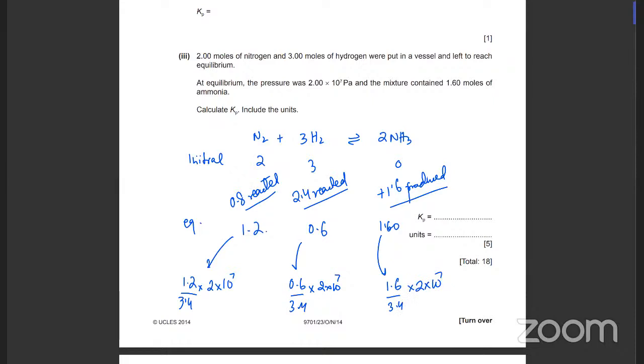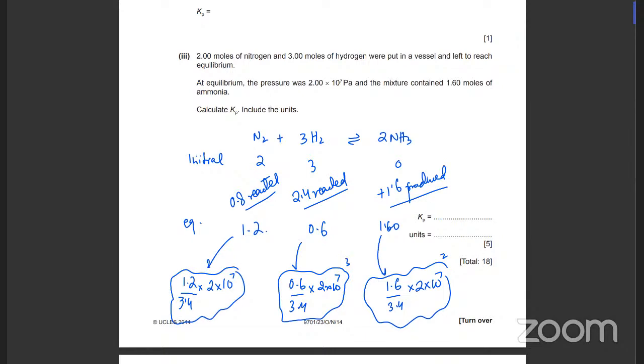And the next thing is it's going to be NH3 squared, so this thing squared, divided by H2, that's going to be cubed, and this is going to be power 1, right? So try and solve this. What do you get for this?